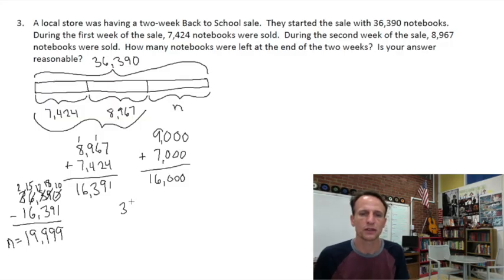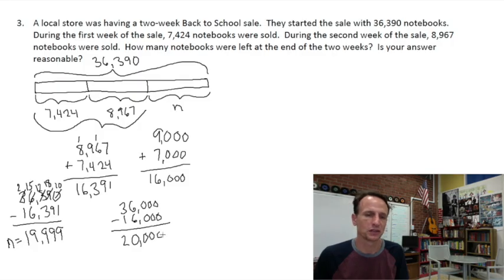So 36,000 minus what was sold, the 16,000, leaves, you probably don't even have to really do the subtraction here. You could just say, okay, well, everything's the same except for the 3 minus 1, so it's 20,000.